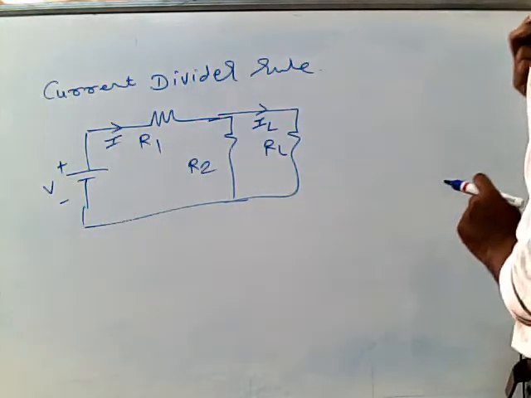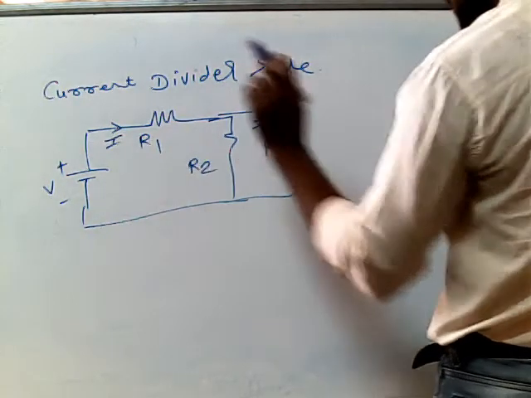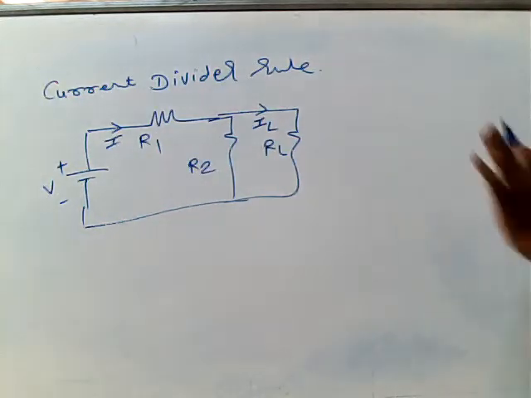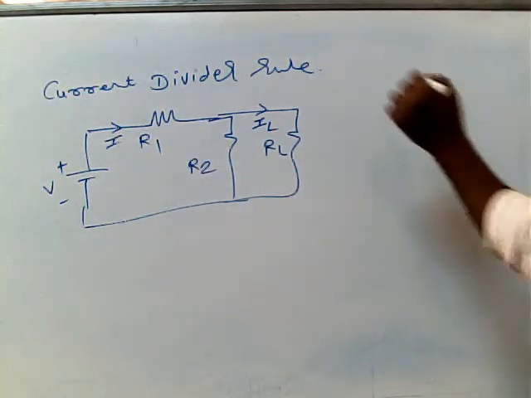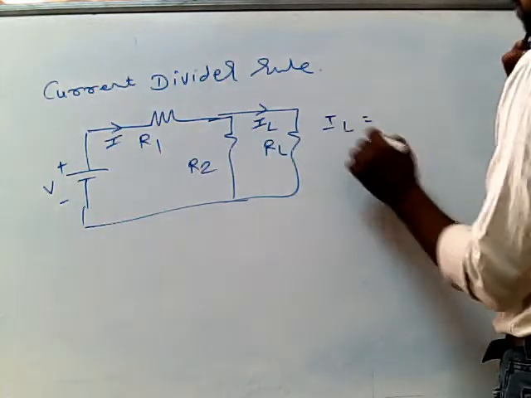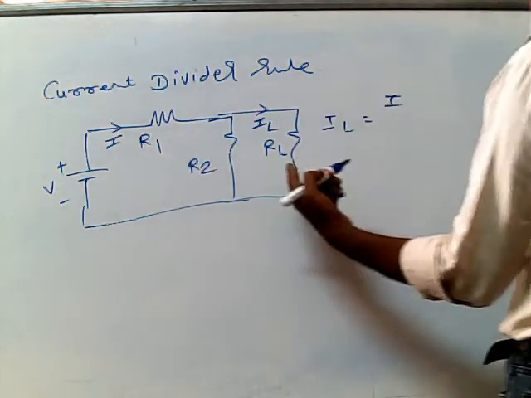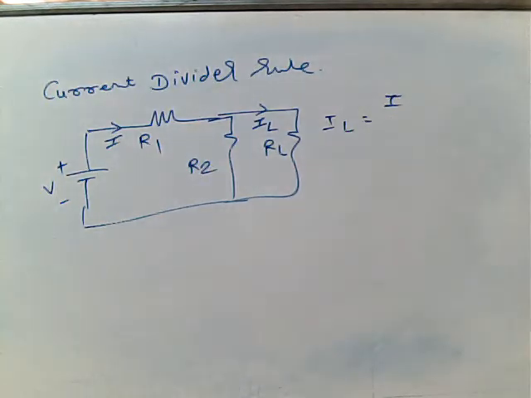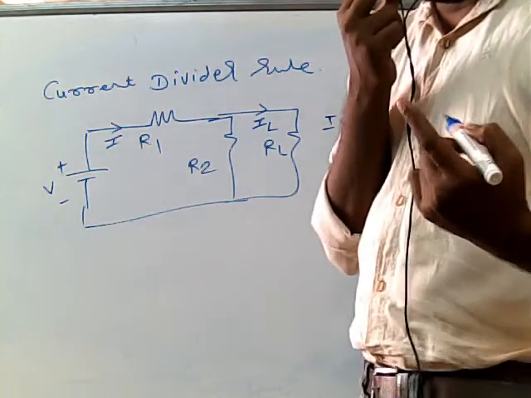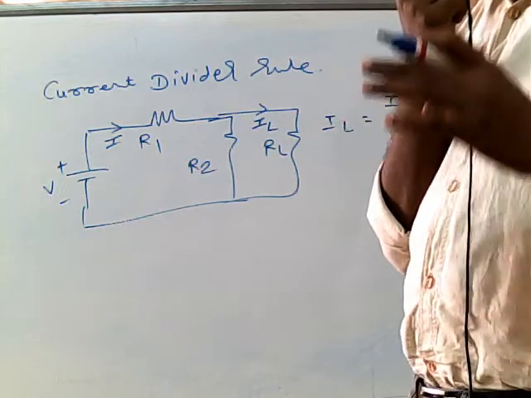Directly from the current divider rule we can find the value of IL if we know I and the other resistances and voltage. By applying the current divider rule, IL will be equal to the total current I into the opposite resistance. In the voltage divider rule, we multiply the resistance across which we want to find the voltage.